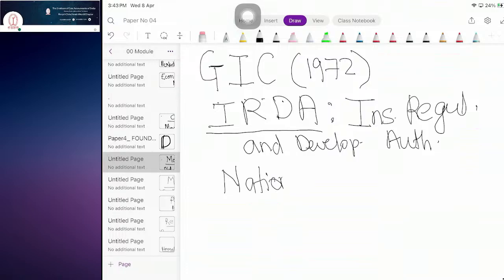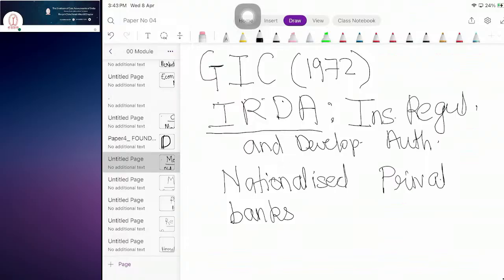Okay, Indian banks are generally classified as nationalized banks and private banks.